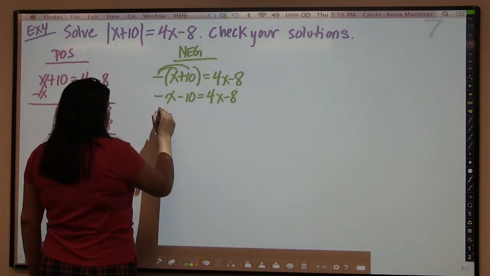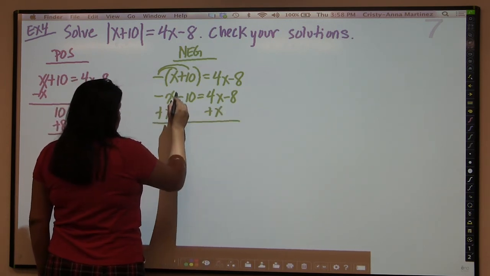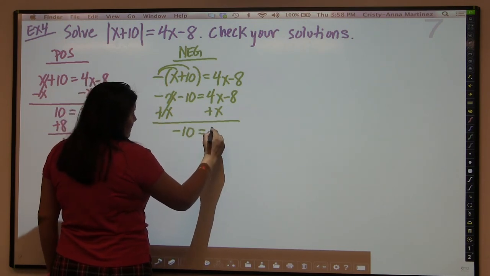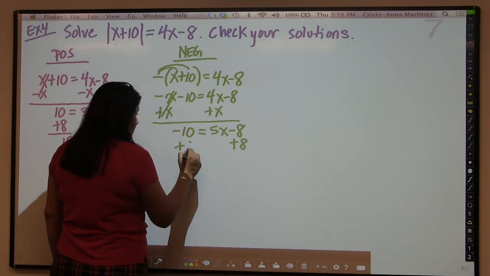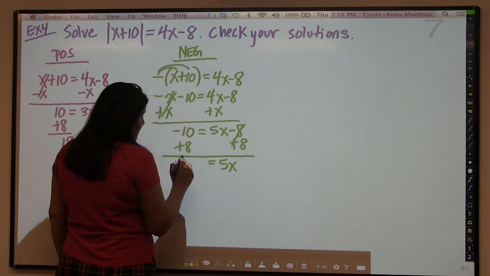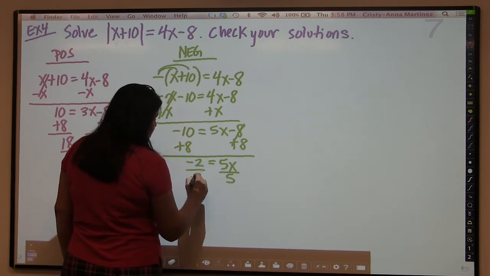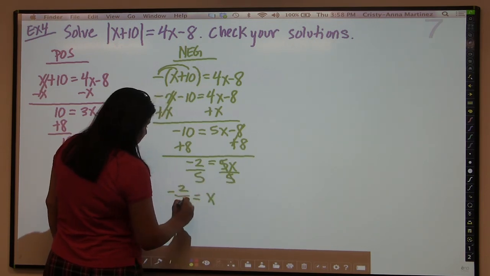And then we want to bring this x to this side. So they cancel, you get negative 10 equals 4x plus 1x is 5x minus 8. Bring these 8 over to the other side. 5x equals negative 10 plus 8 is negative 2. Divide by 5. And x equals negative 2/5.